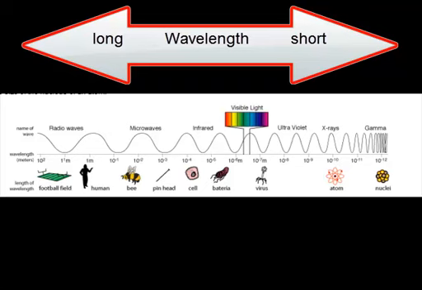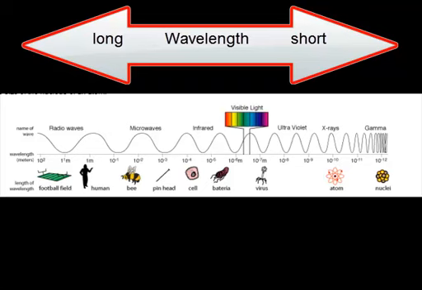Infrared waves have wavelengths between 1 millimeter to 750 nanometers. So we're now at the size of a cell and bacteria. Moving on to visible light waves, our rainbow of light that we can see, that has a wavelength between 750 nanometers to 400 nanometers.